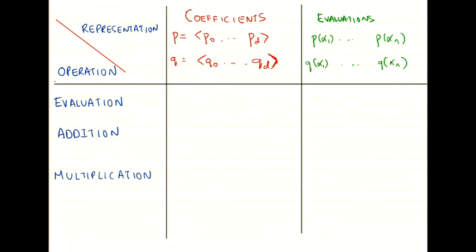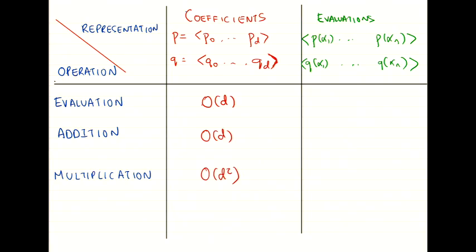Those are the two representations. And what we figured out is how much time each operation takes in each of these representations. In coefficients, addition takes order d time, and multiplication takes order d squared.